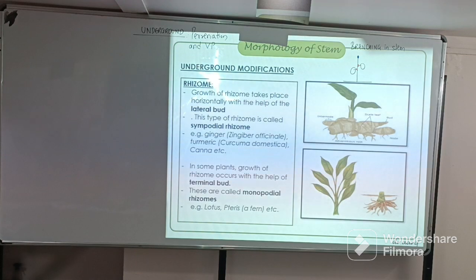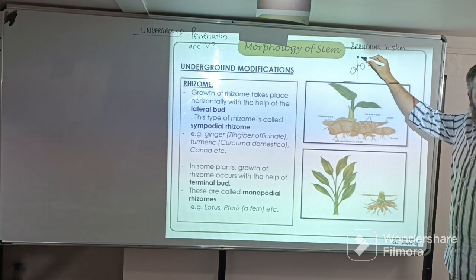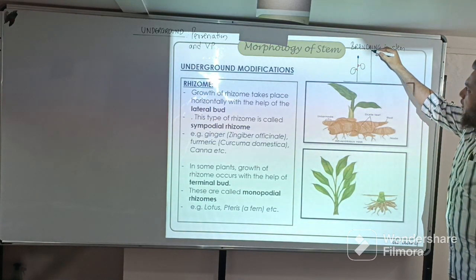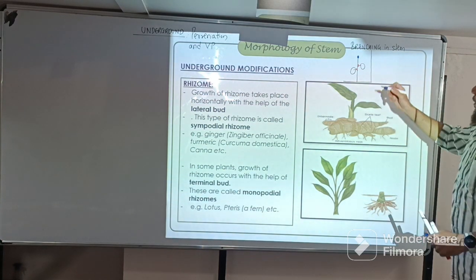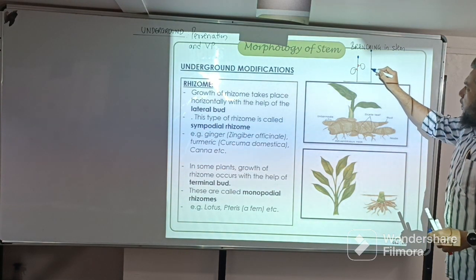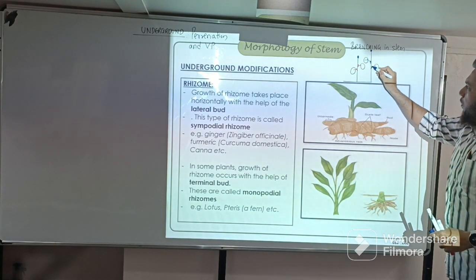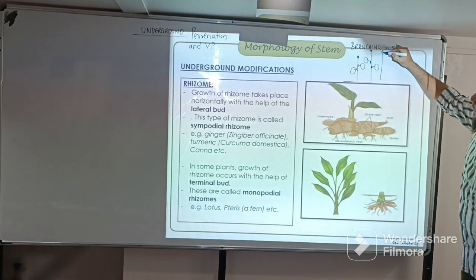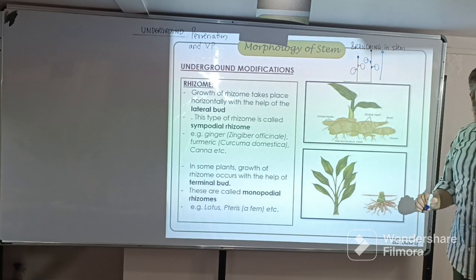In certain types of stems, the apical bud continues to grow, as a result of which we find that the growth of the stem is only in one axis, like this. There are no lateral branches.